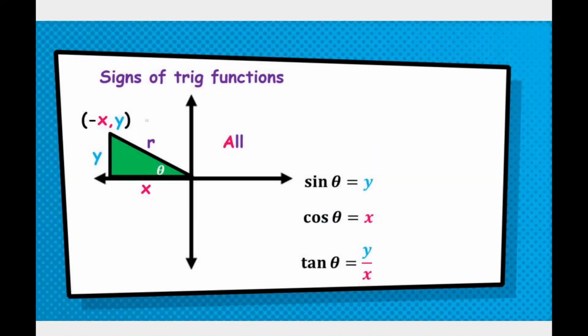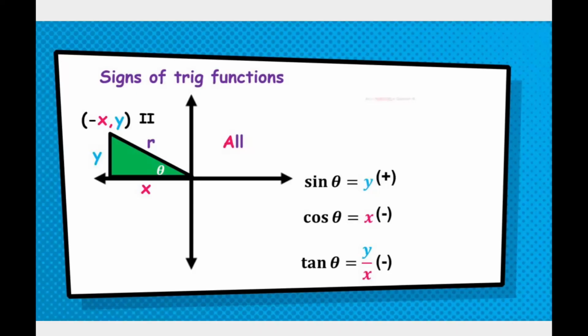Now let's look at quadrant 2. So if sine is y, sine is positive in quadrant 2. Or sorry, y is positive. X is negative though, and that's cosine. And if we have a positive divided by a negative, that means tangent is going to be negative. So here, this is a positive sine chart, by the way.